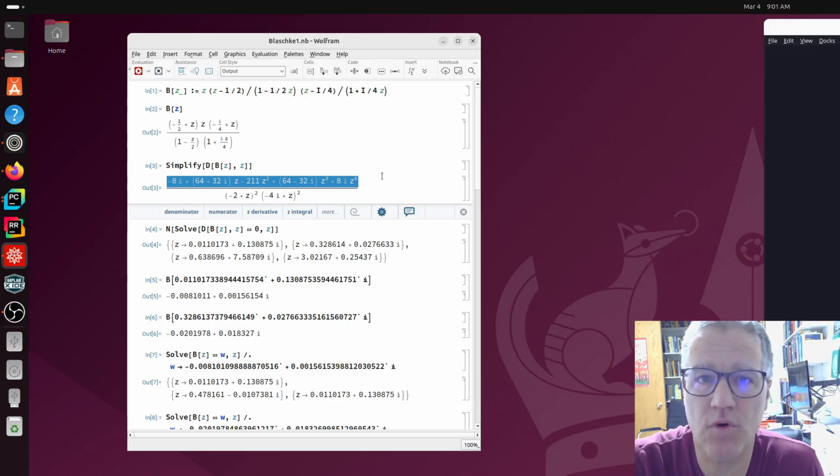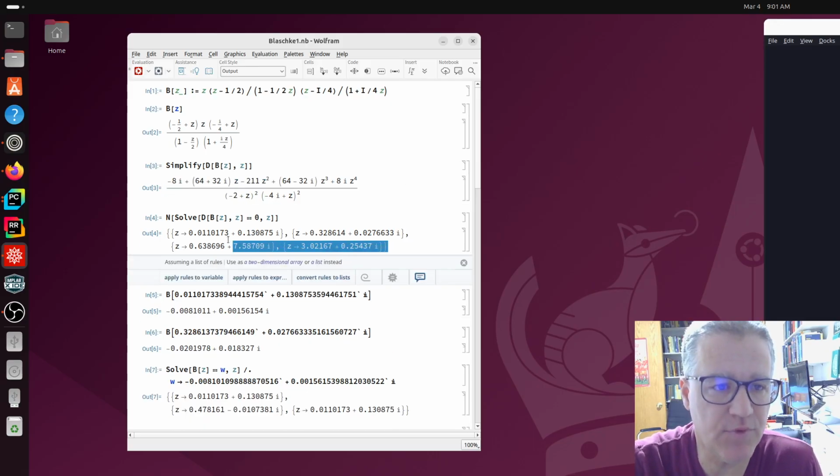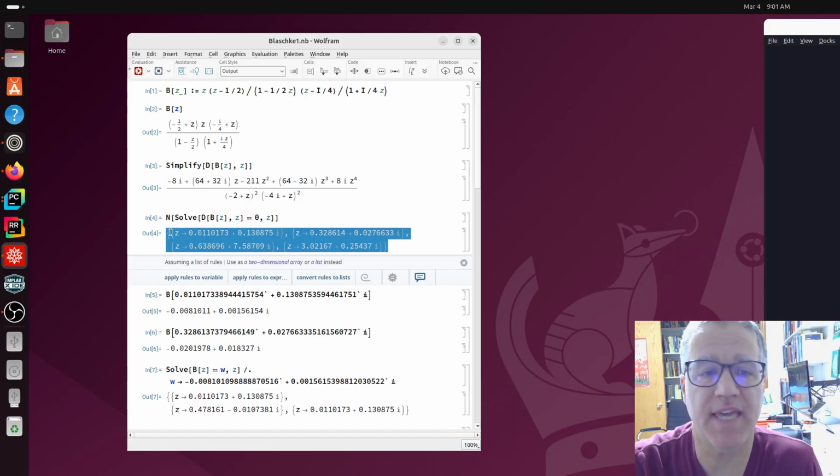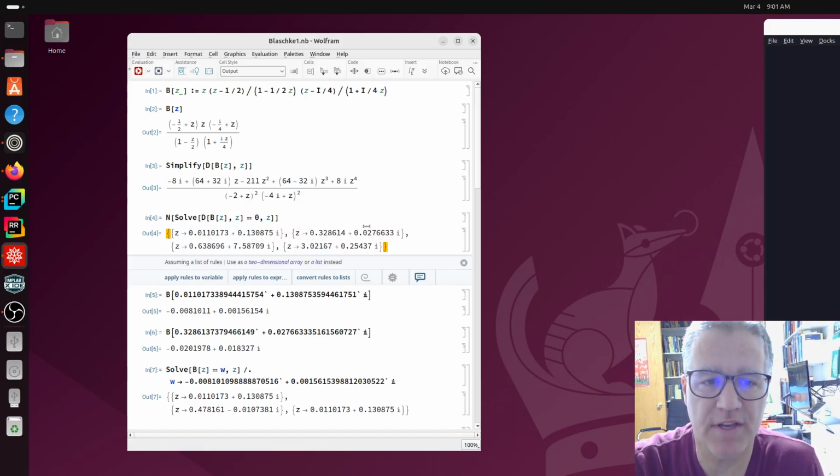So we expect 4 solutions to this by the fundamental theorem of algebra. And indeed we do get 4, but as was always the case, 2 of them are going to be inside the disk, and 2 of them are going to be outside the disk. So we always have n minus 1 critical points. And so this is a degree 3. So we have just 2 critical points that are in the disk. And we can see those right here. These are the first 2.